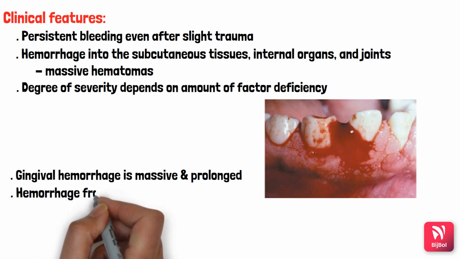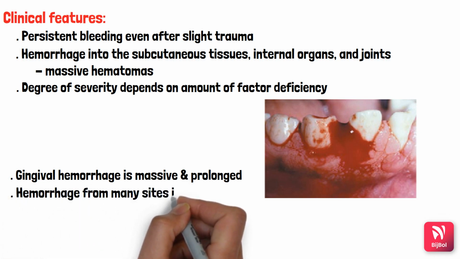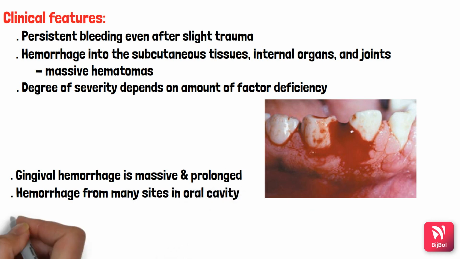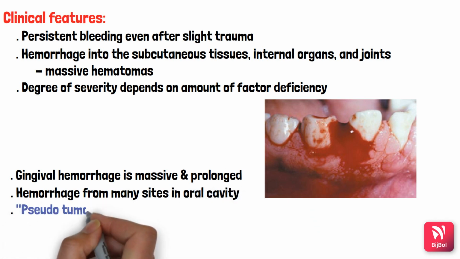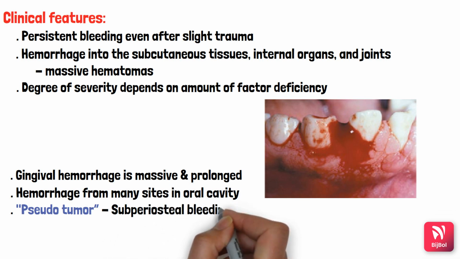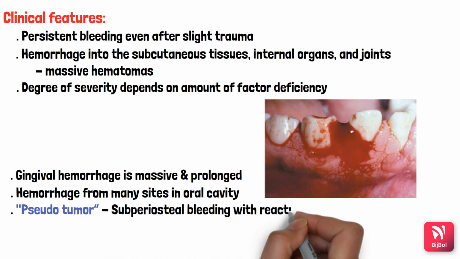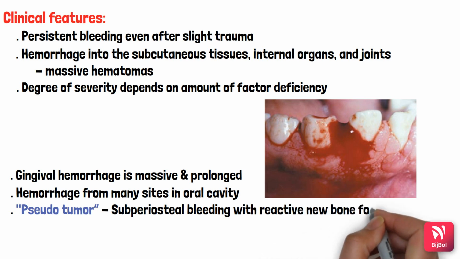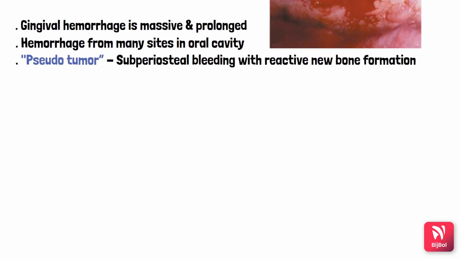And one more important feature is pseudotumor formation. There will be subperiosteal bleeding, which will create reactive new bone formation. Whenever there is reactive new bone formation, it looks like a tumor-like expansion, which is called a pseudotumor. So these are the various clinical features seen in hemophilia.